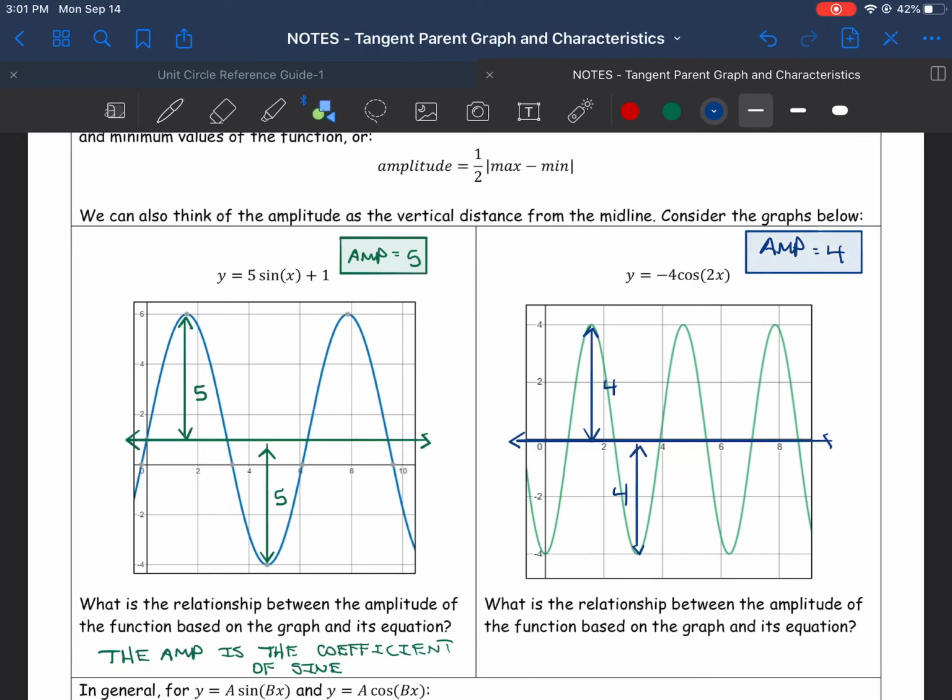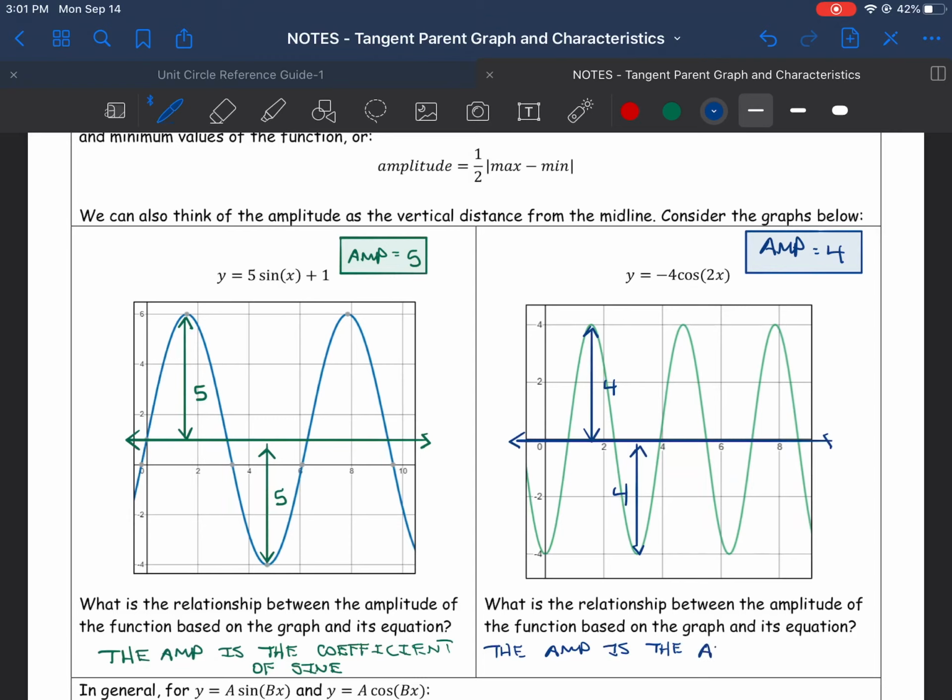Now notice, though, that for this equation, y equals -4 cosine of 2x, the amplitude and the coefficient of cosine have different signs. So I'm going to say that the amplitude is the positive coefficient of cosine, or the absolute value of the coefficient of cosine.